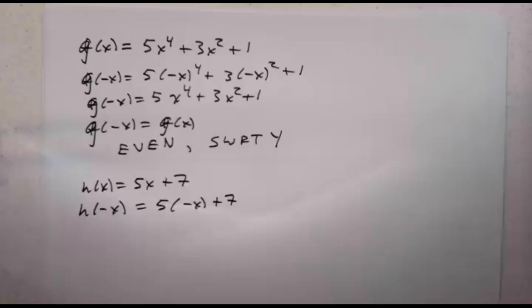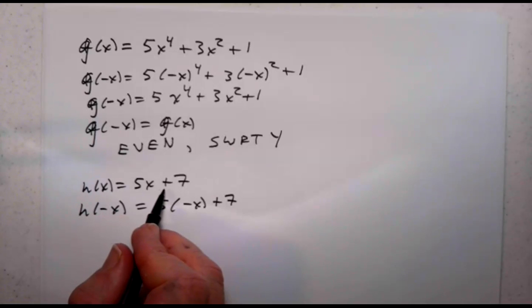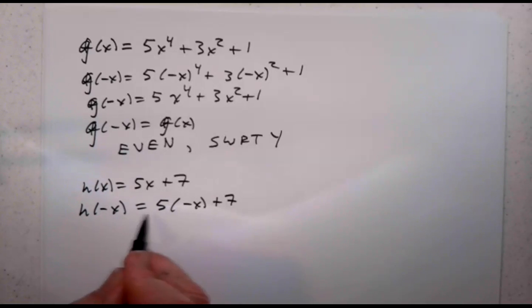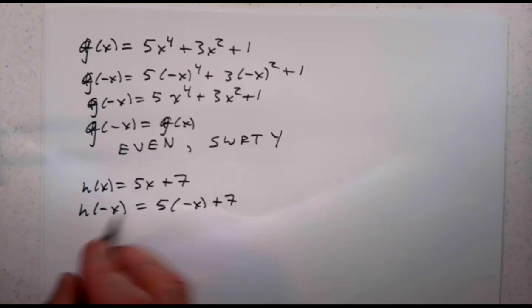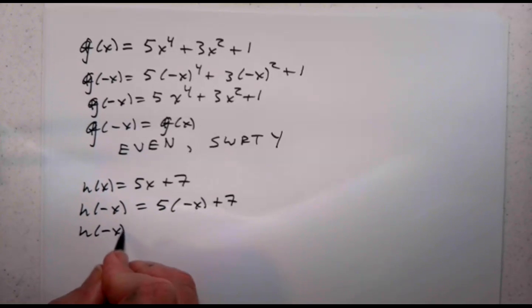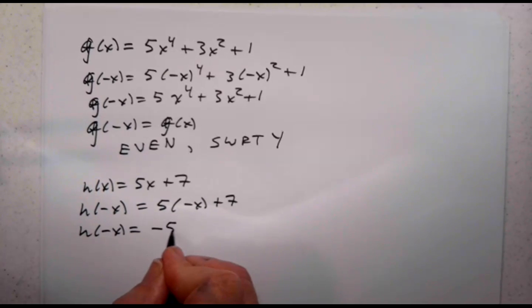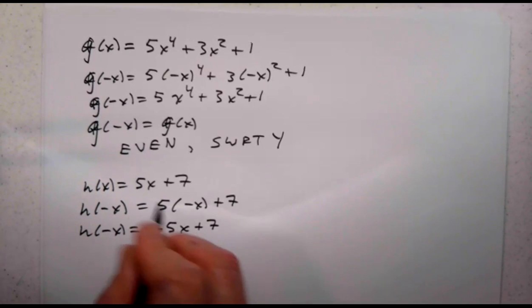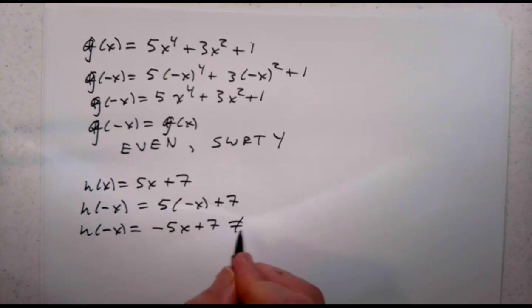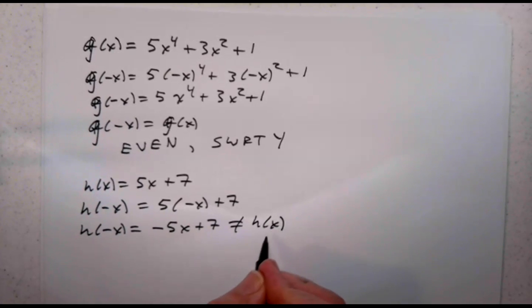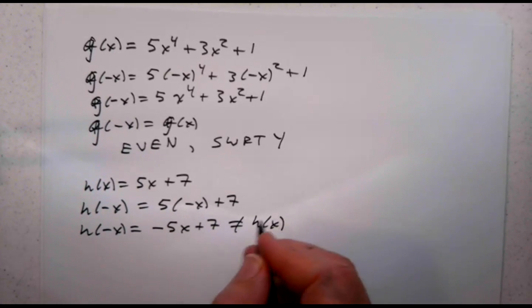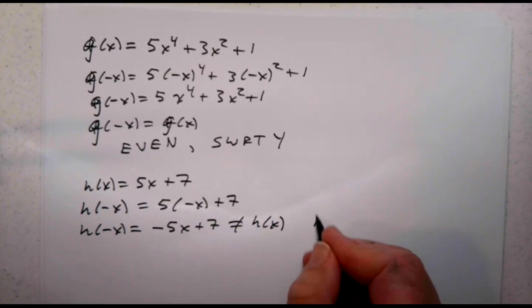So h of negative x is negative 5x plus 7, which is not the same as h of x. So if h of negative x is not the same as h of x, we say it's not even.